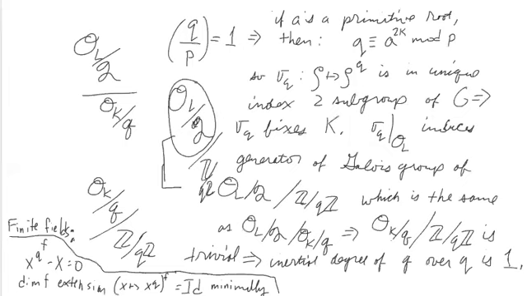If the inertial degree is 1, that means this is trivial, which means that this automorphism is actually in the index 2 subgroup, which fixes k. And if it's in that index 2 subgroup, then q is a square mod p.